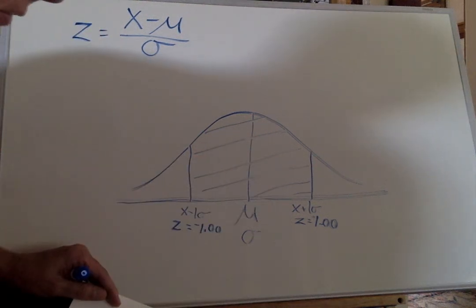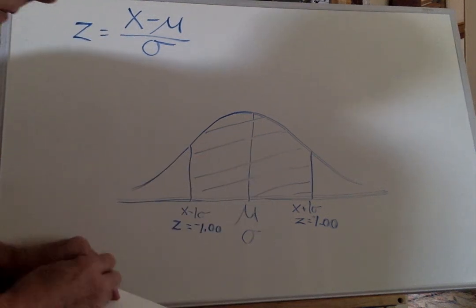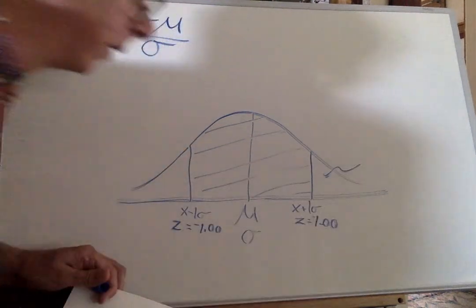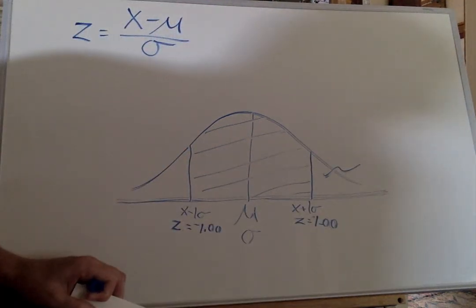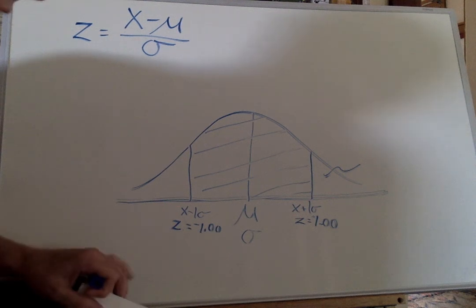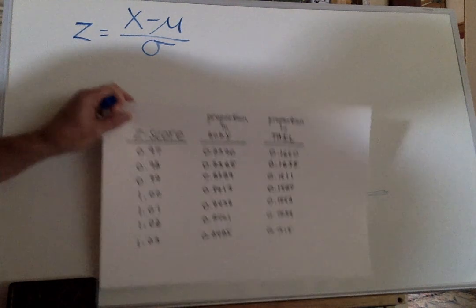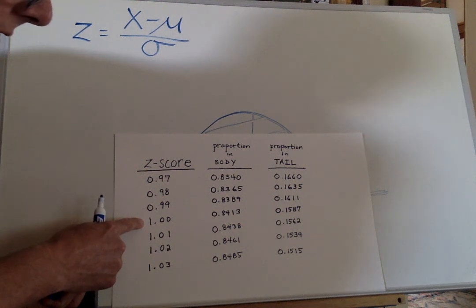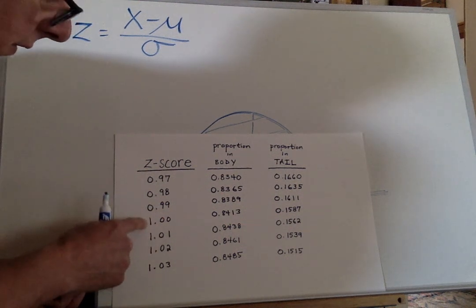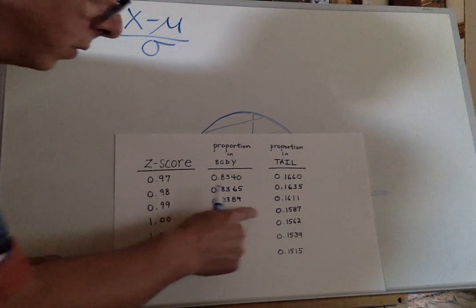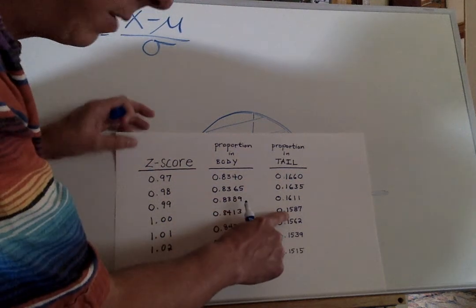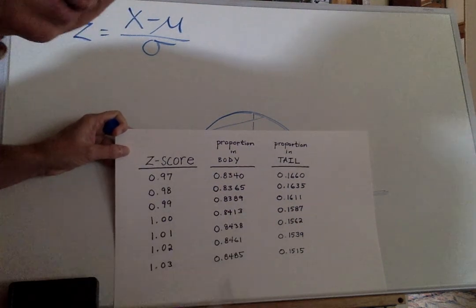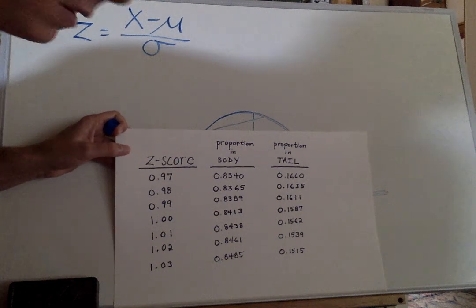So here's what I'm going to do. I can figure out how much is in the tail here if I look at the z-score table. Here's a z-score of 1. How much is in the tail for a z-score of 1? Well, I'm going to go over. I'm going to report this as a percentage, okay? I am typically going to ask you for percentages.